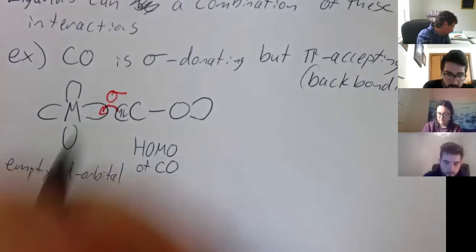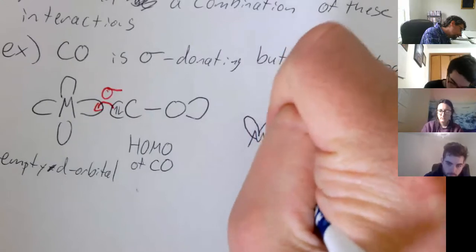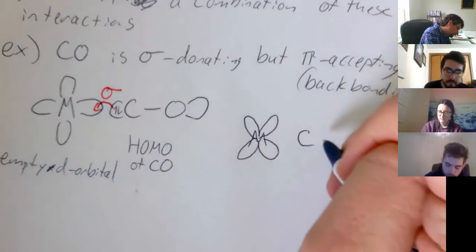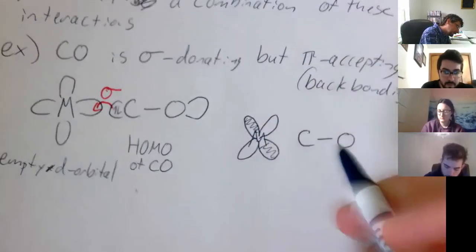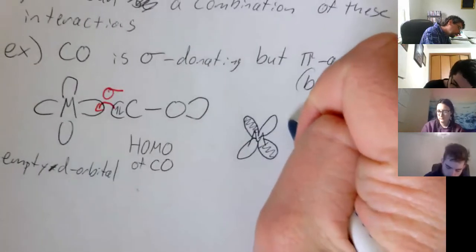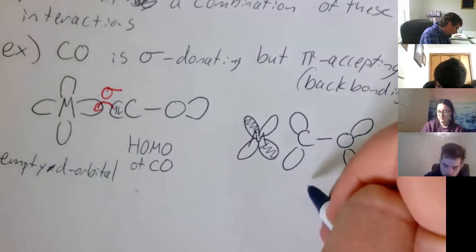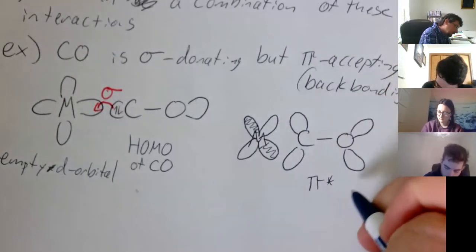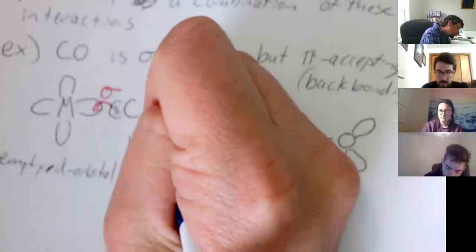Now we also have another situation, and this is at the same time. In this case, I am going to draw the phases of the orbitals. And then we have one of the pi star orbitals. Oh, I should have been a little more formal.